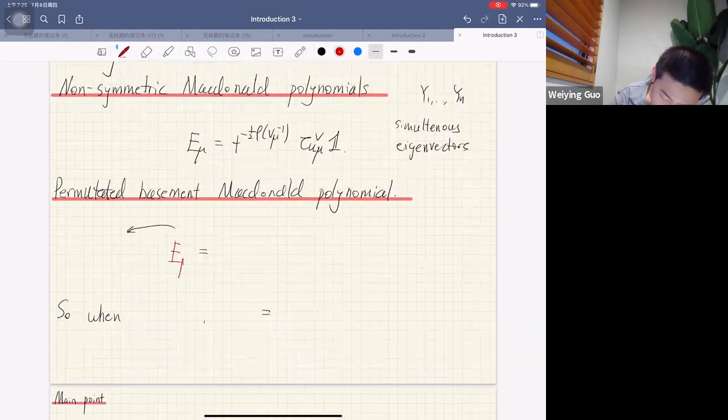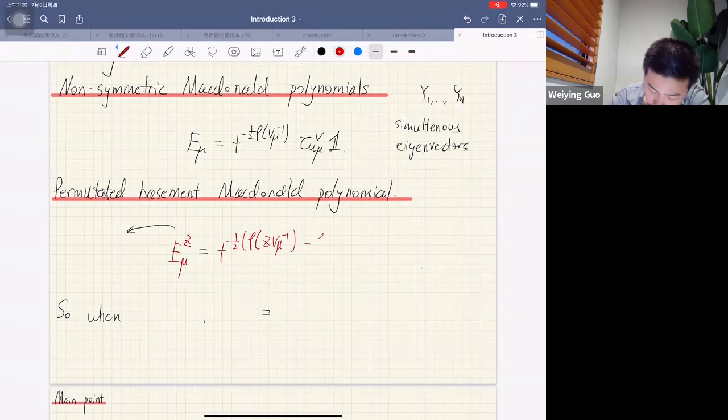This permuted basement Macdonald polynomial is denoted by E_{mu,z}, which is t to the minus half length of z b mu inverse minus length of mu inverse, with T_z times E_mu. And this z is simply inside of the symmetric group Sn.